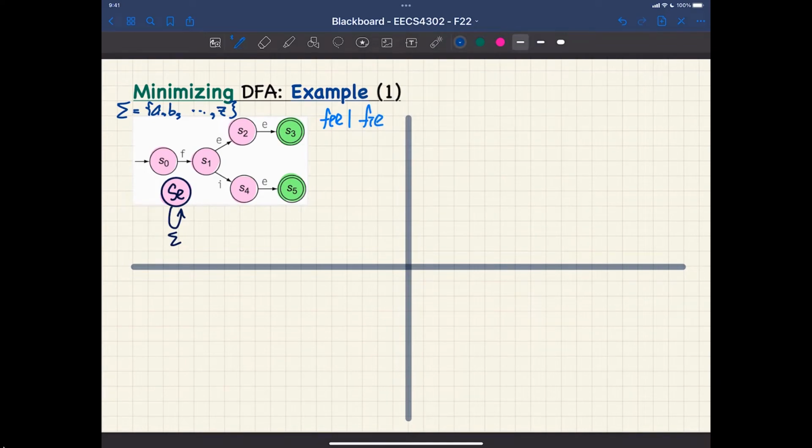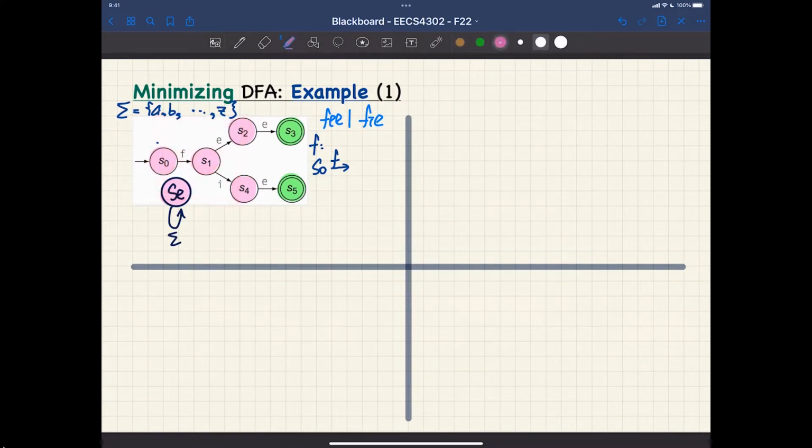The first character we can try would be, let's say, F. All right? According to this, let's say S0. Let's try follow the number. From S0, if I take F, which partition am I going to? Pink. Agree? In S0, if I follow F, I'm going to S1, which is in the pink partition, the same partition. Agree?